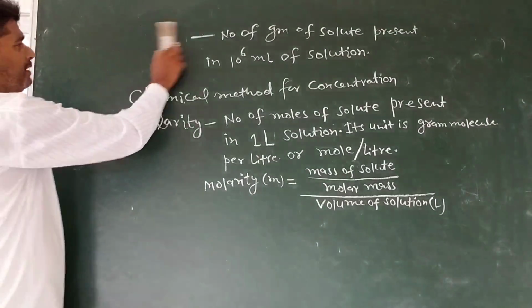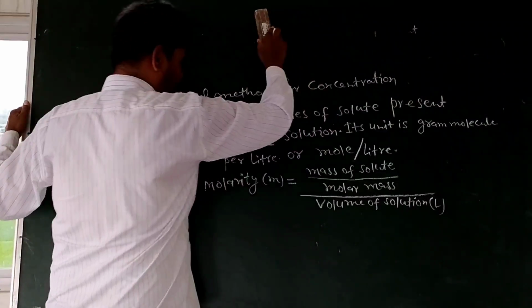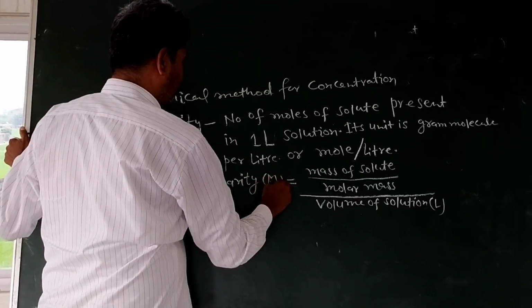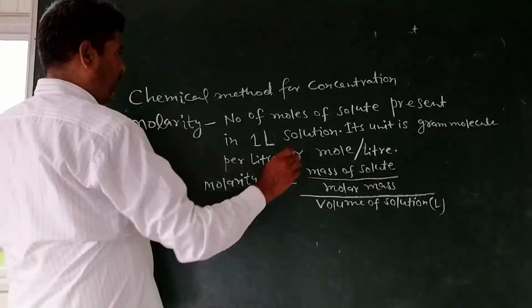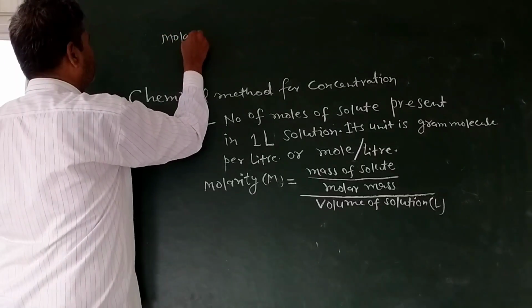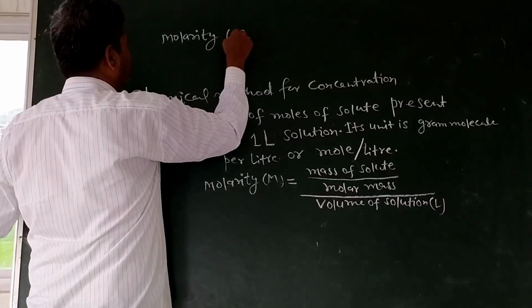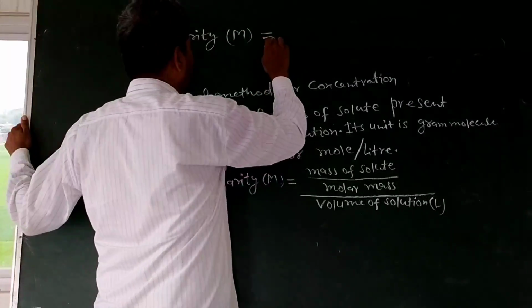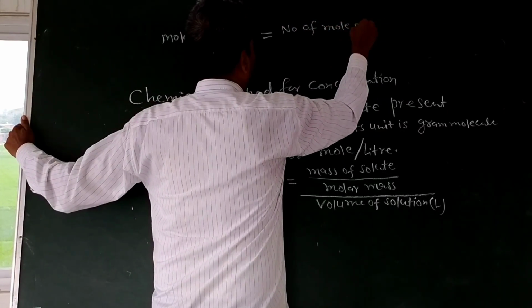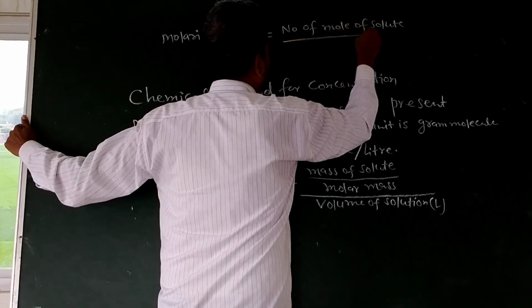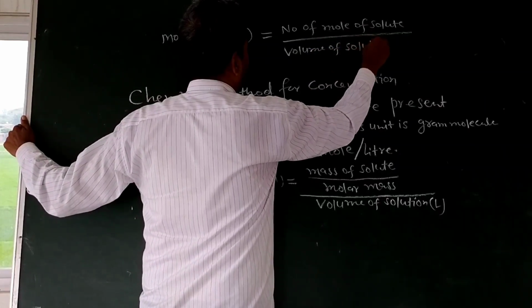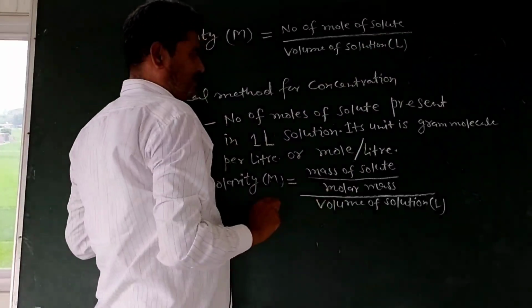It may also be written as molarity M is equal to number of moles of solute upon volume of solution in liter.